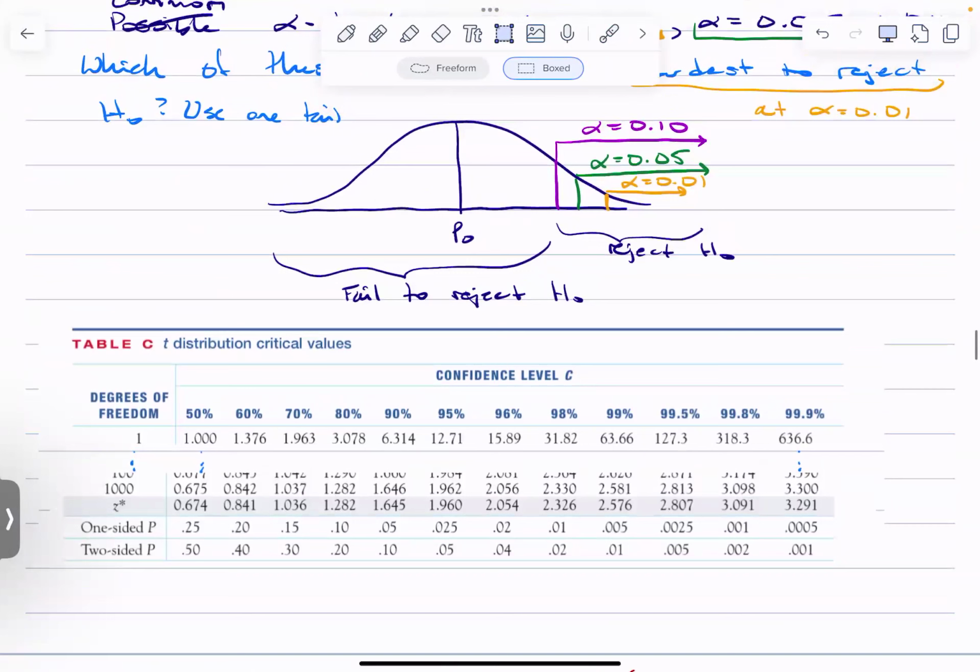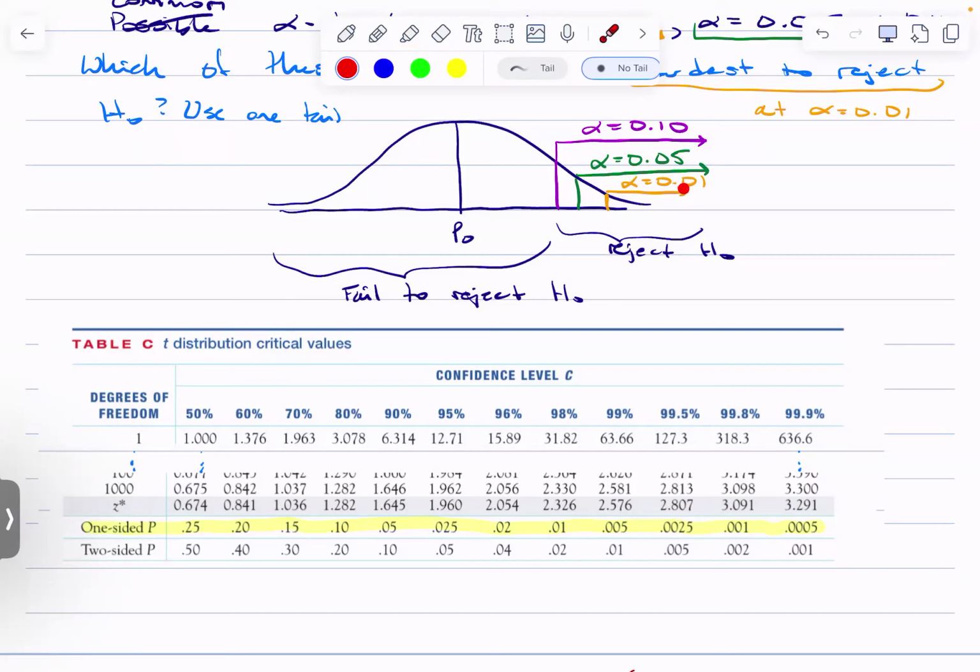So here, if we're focusing on one side, just for simplicity, this one-sided P also gives us Z values that match up with these areas, these p-values or alpha levels if you want.